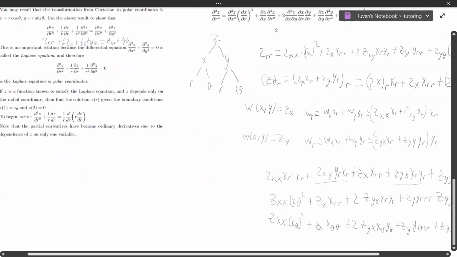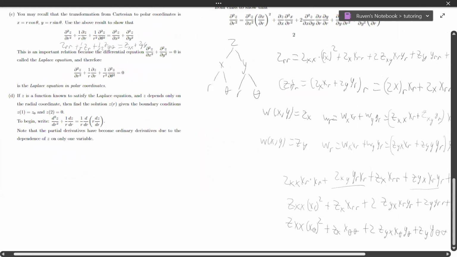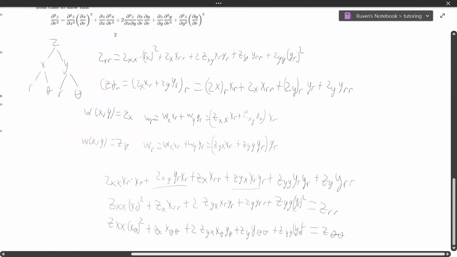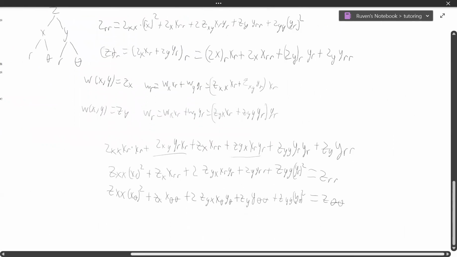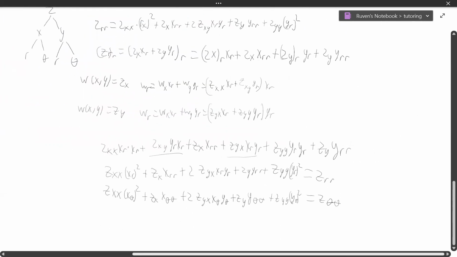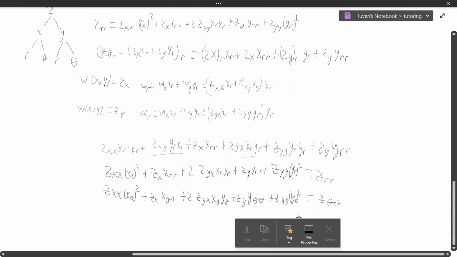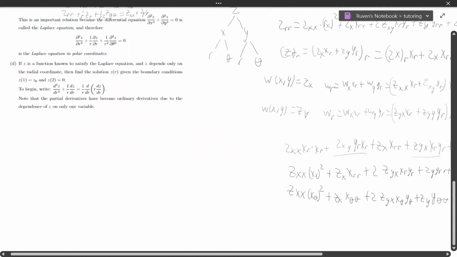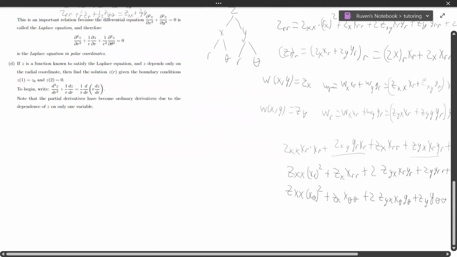The way we're going to do that is we have the relationship between x, r and theta, and y, r and theta. What I mean is that we can start building the relationships between them, since we have xr squared, xrr, and so forth.